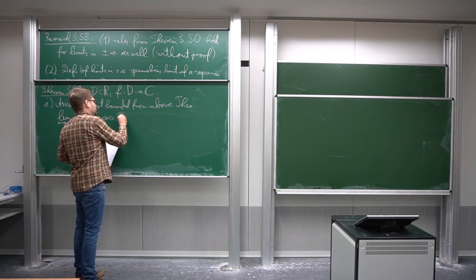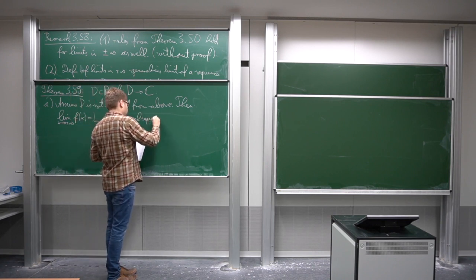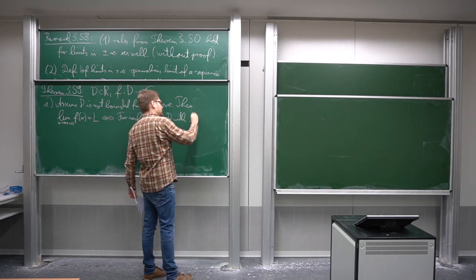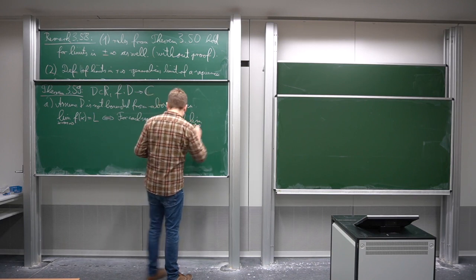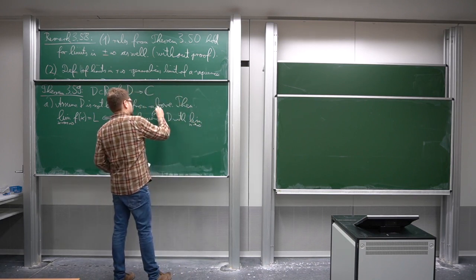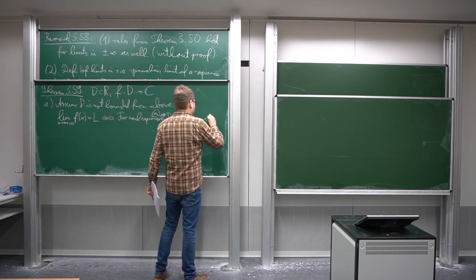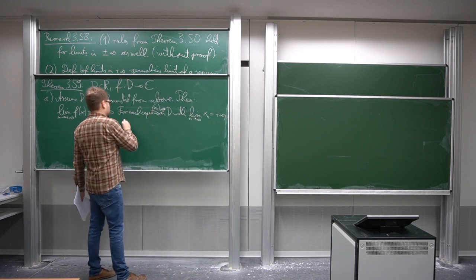So for each sequence xn in D, with limit plus infinity, so which diverges to plus infinity.